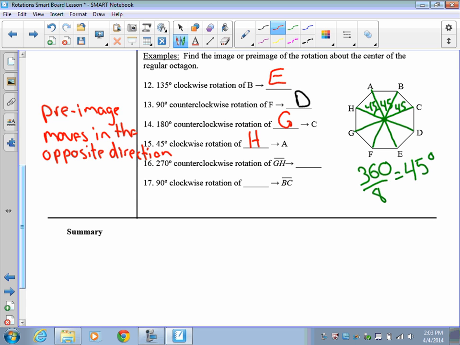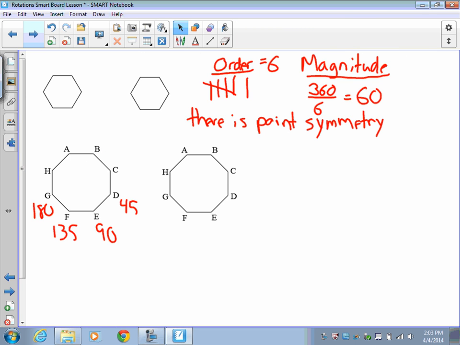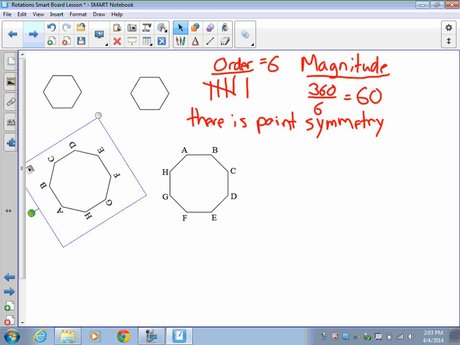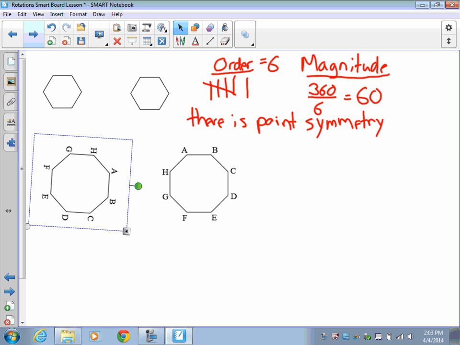So we can also do this with segments. If I look at GH, remember we go G to H, and I do a 270-degree counterclockwise. So where does GH go to? GH becomes AB.